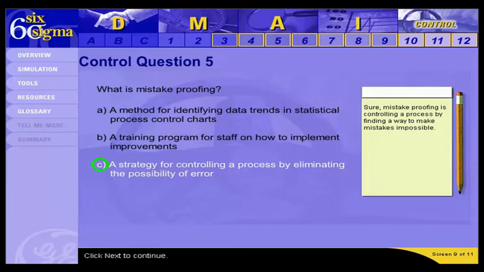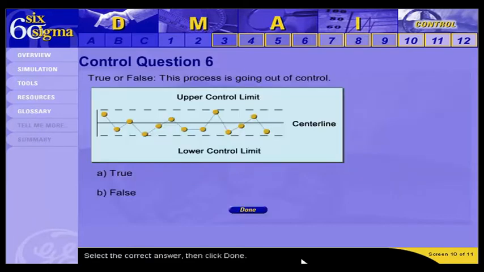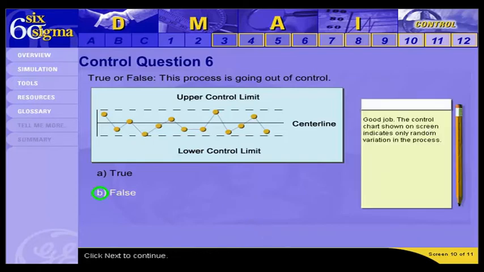Click Next for your next question. For your last question, look at the chart and indicate if the process is going out of control. Then click Done. Good job! The control chart shown on screen indicates only random variation in the process. Click Next to finish the review.